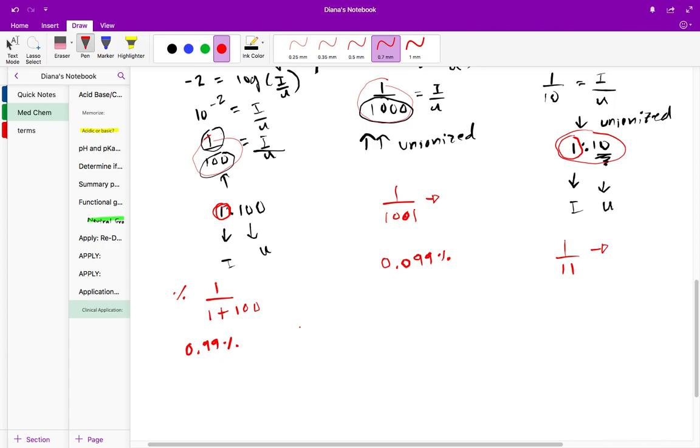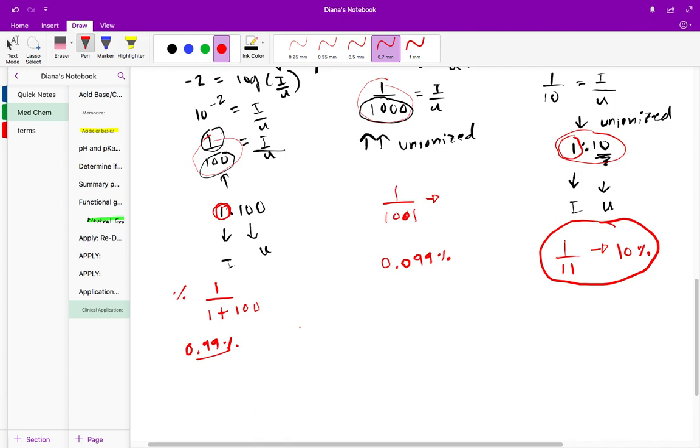And then for that last example, 1 divided by 1 plus 10, or 1 divided by 11, the percent ionized is going to be around 10% or 9%. So by looking at the percentages, we want to pick the largest percentage, which is 10%. We started with 0.99%.